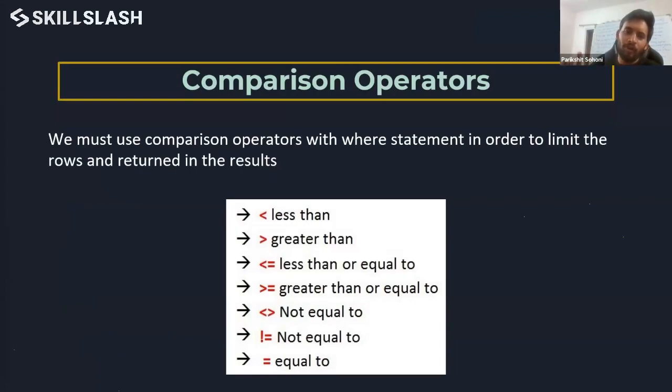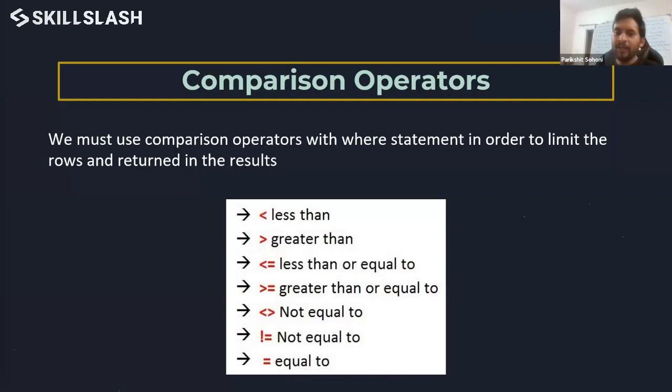For example, what if I want to select all those employees where the salary is greater than a particular number? I tell SQL: select first name, last name, employee ID from the employees table where the salary is greater than, let's say, 5,000. This is where the comparison operators come into the picture.